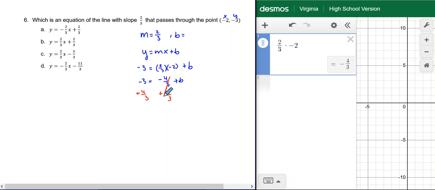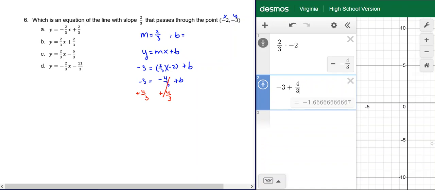Okay, so that crosses out. And then you're going to have here -3 plus 4 over 3, which is -5 over 3. So my slope is positive 2 over 3, and then my y-intercept is -5 over 3. There you go.